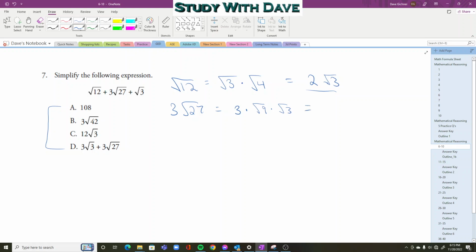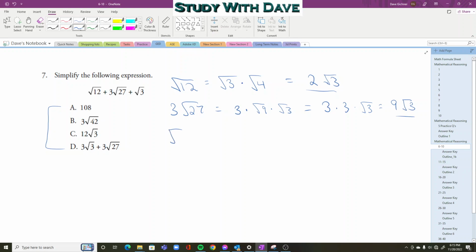Now what is that equal to? We're going to break it down again. This square root of 9 is going to go to 3. So now we have 3 times 3 times root 3. Or you could just write it as 9 root 3. So there's the second one. Now we're going to go to the third one.